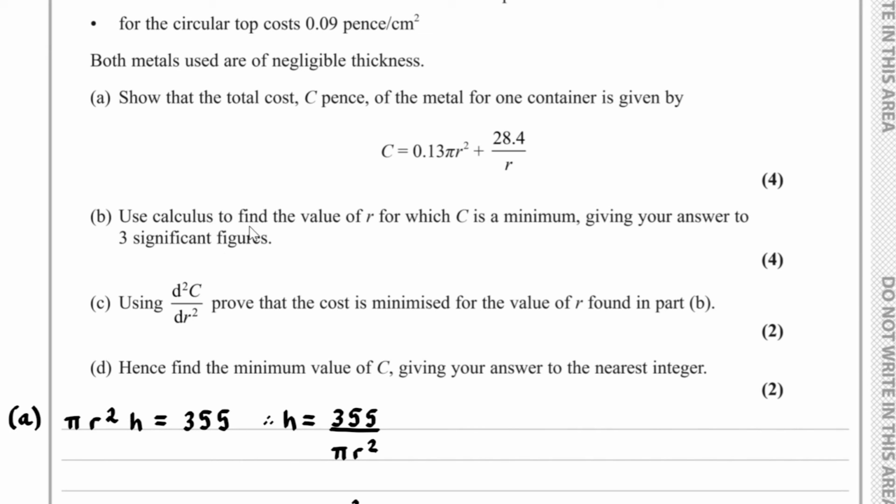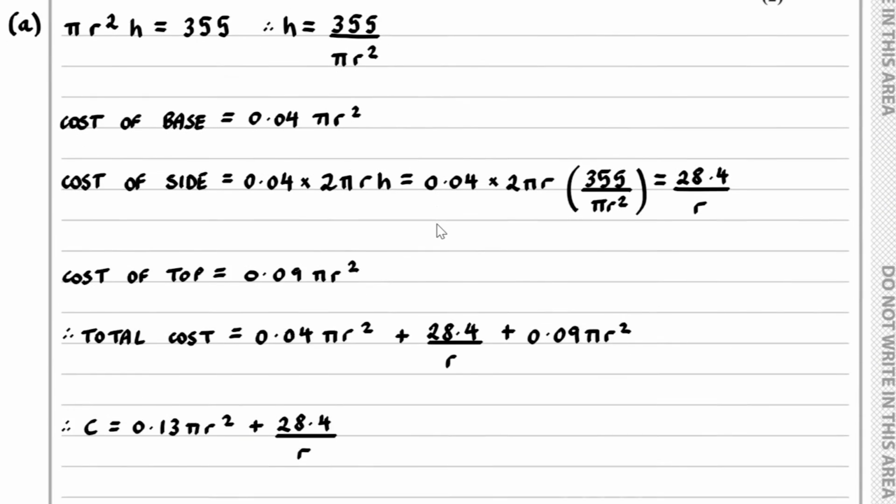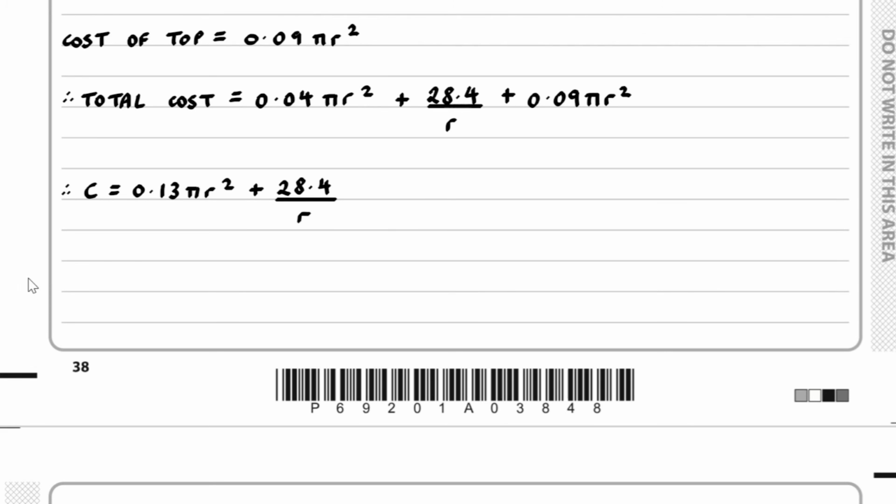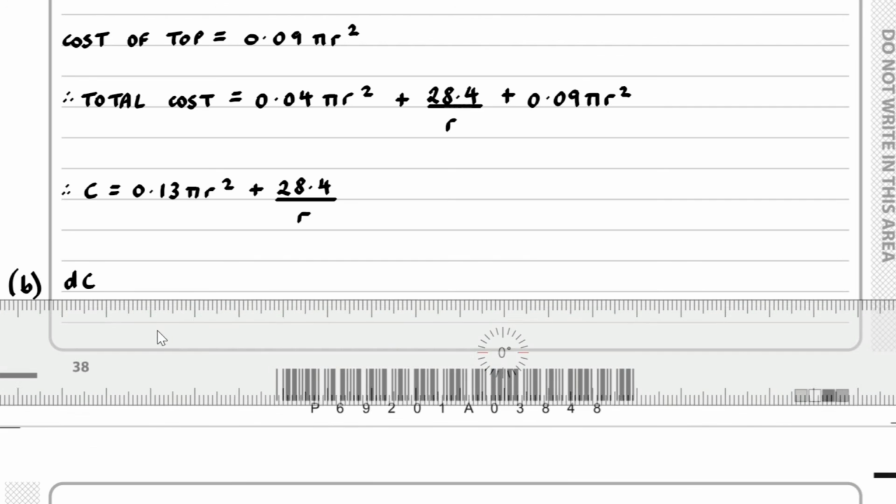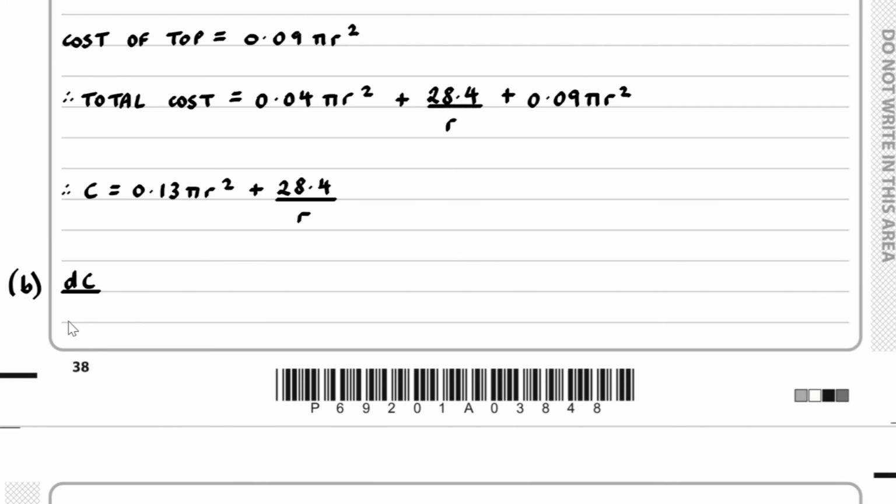Now for part B, we have to use calculus to find the value of r for which C is a minimum, giving an answer to 3 significant figures. Well, when we use calculus, that suggests to us we need to differentiate C. And so therefore, for part B, if we differentiate C, dC over dr is equal to, well, differentiating 0.13 pi r squared, remembering pi is just a number, we end up with 0.26 pi r.